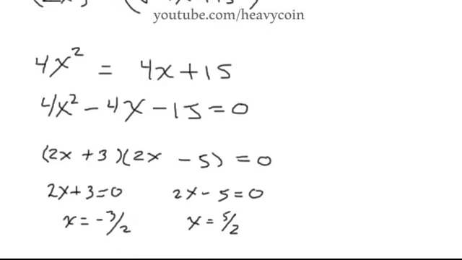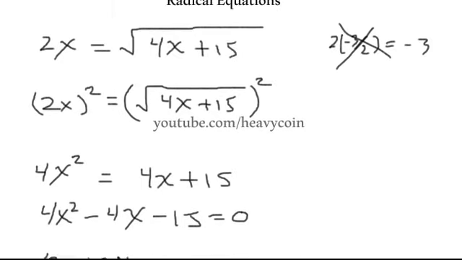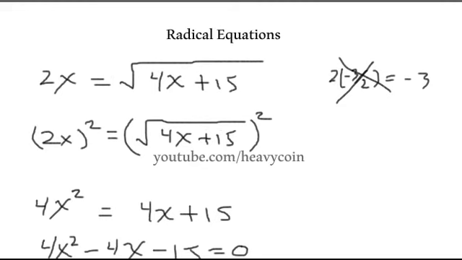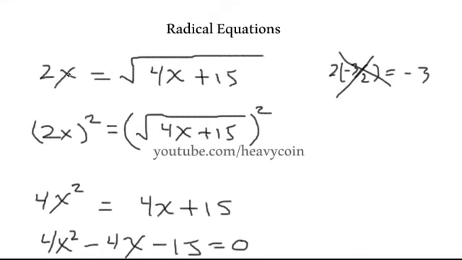However, 5 halves on the other hand is. If you plugged in 5 halves over here, the 2's cancel out, you're left with a 5. Plug in 5 halves in here, 2 goes into 4 2 times, and 2 times 5 is 10, and 10 plus 15 is 25, and the square root of 25 is 5, and that's what we had over here, was equal to 5.